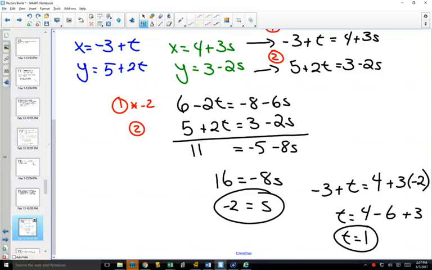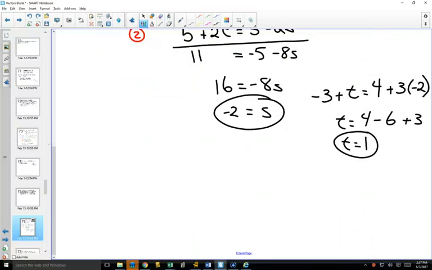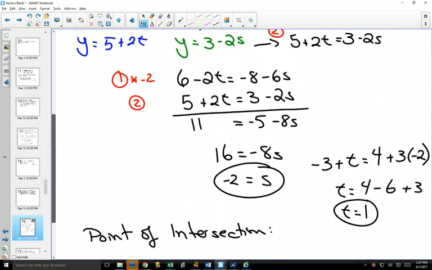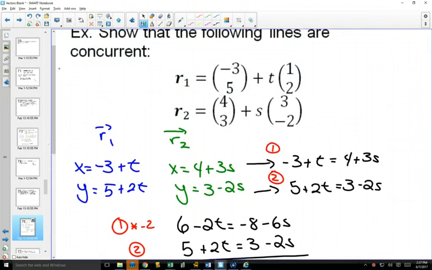Now that you've got S and T, you can find the point of intersection by either using our original vector equations. You could put 1 in for T. If I put in a 1 in for T, can you see that negative 3 plus 1 is negative 2, 5 plus 2 is 7.